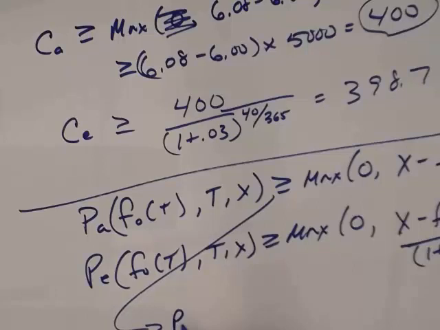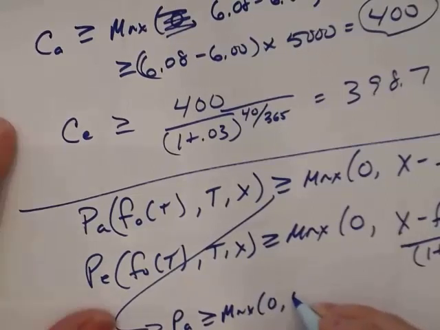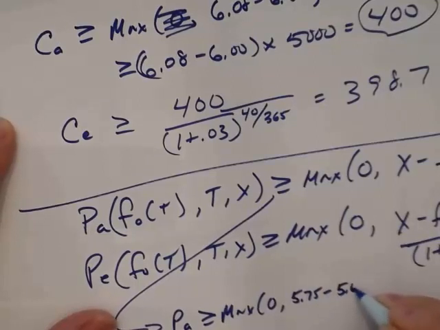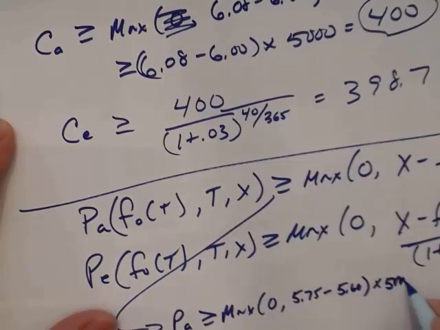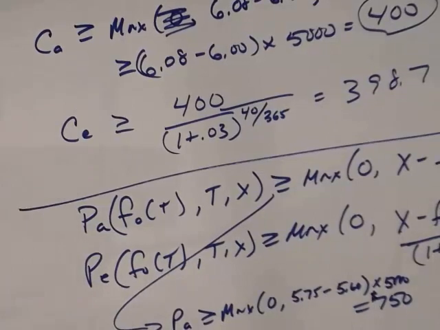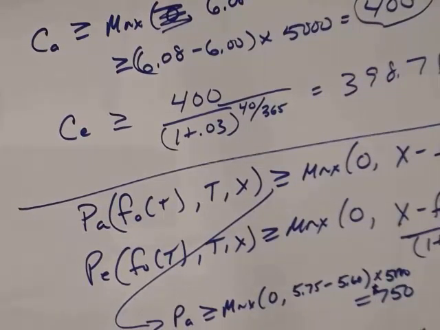So for the put, it's going to be the maximum of 0, or let's see, 575, which is the strike, minus the 560. Okay, so that's the 15 cents that it's in the money by. Multiply that by 5,000 bushels, and you get $750 in this example.